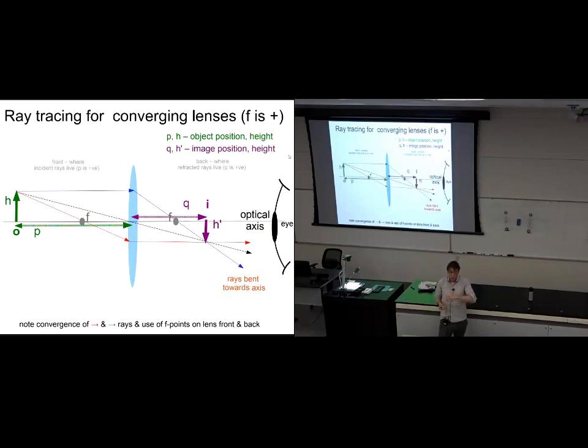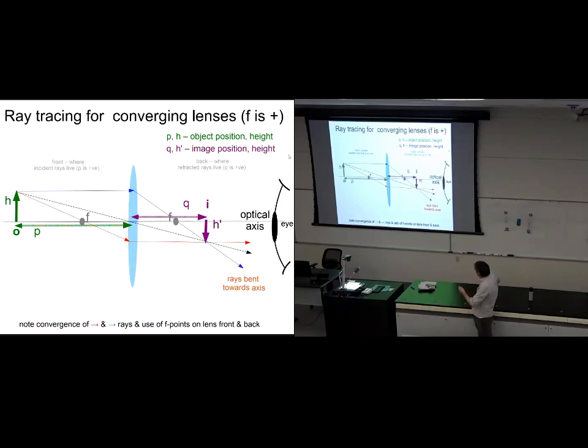We only needed that to construct the image location. When it's a lens, the light is on both sides, not just on one side. So for a lens, we use the focal points on both sides of the lens. So there is a difference here. I've marked the focal points on both sides of the lens, rather than just on one side as for the curved mirrors.